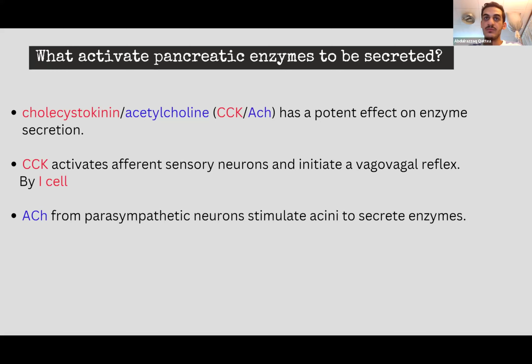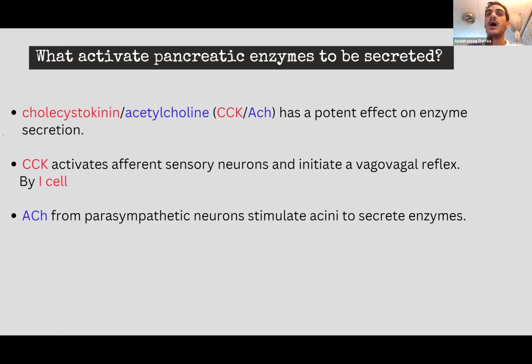Okay. So what are the things that activate the acinar cells in order to secrete these pancreatic enzymes? Previously, we said the S cells will secrete secretin, and secretin will activate the ductal cells. But what about the acinar cells?